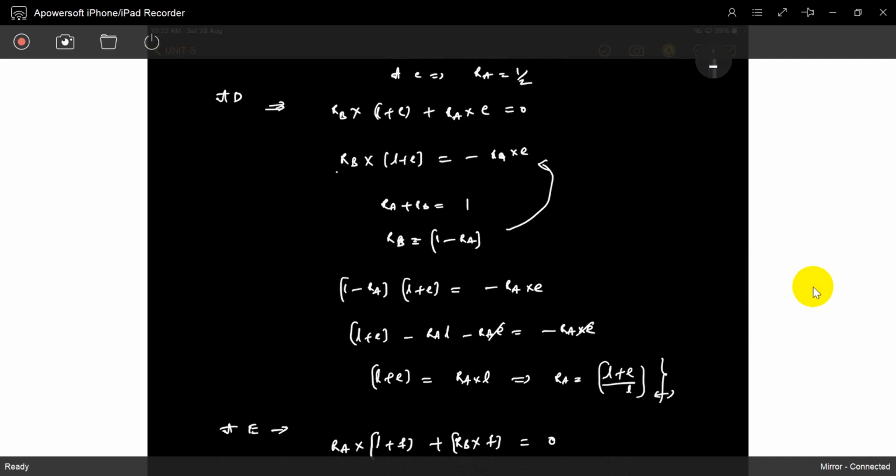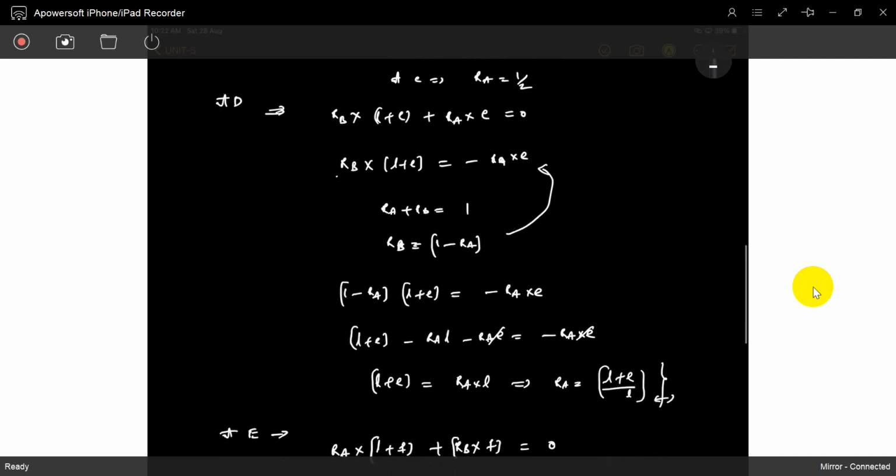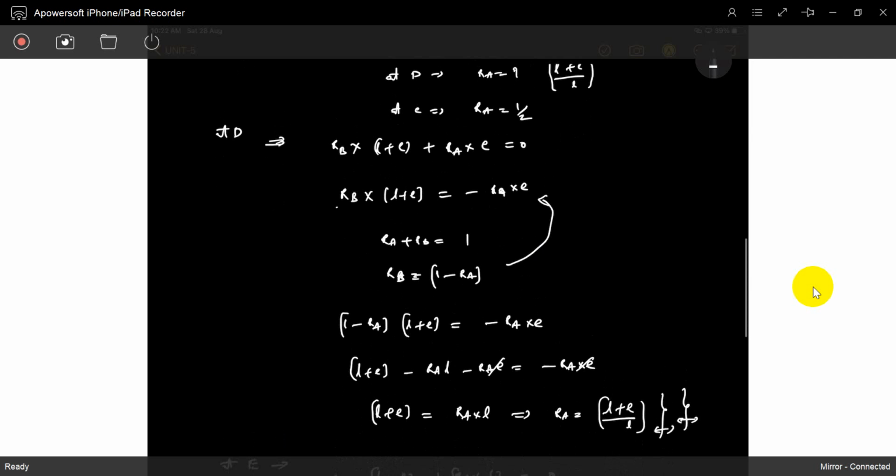So in the same situations, you can see in the first situation RA is L plus E divided by L. So what is RB? RB is 1 minus L plus E by L. So what will come?